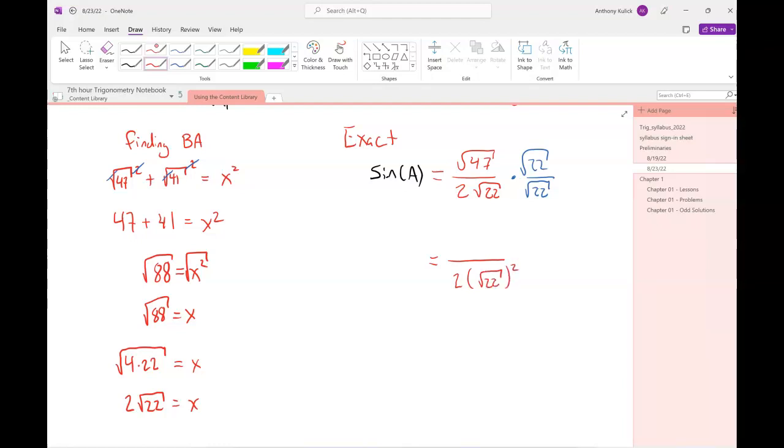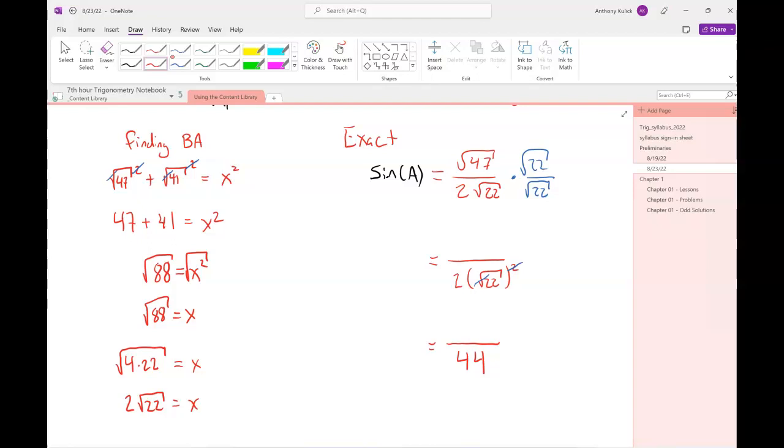Yeah, in the bottom you have the square root of 22 squared. So those would just cancel out. And you'd end up with just 44 then. 2 times 22. Is everybody okay with that?